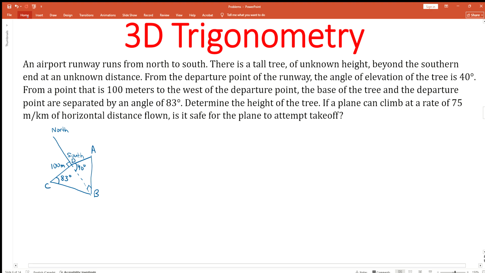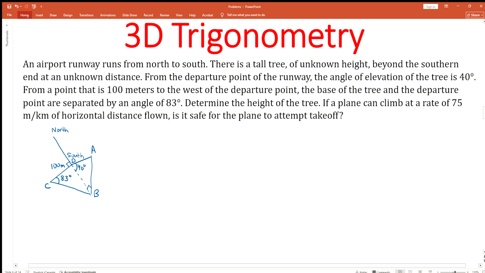In this diagram, triangle ABD is a right angle triangle because the tree is assumed to be perpendicular to the ground. Side AB represents the height of the tree and side DB represents the distance of the tree from the departure point of the runway.